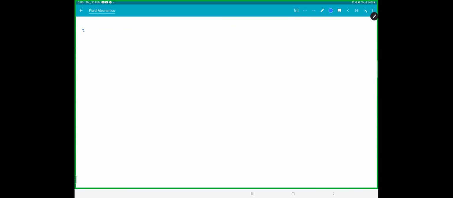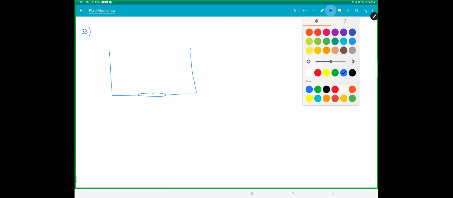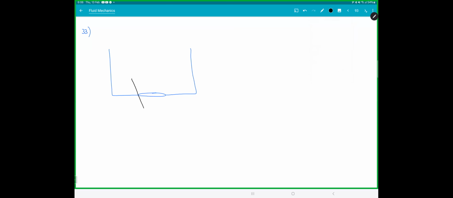Similar one. Let's say we have a hole here. We have a solid cone here, blocking the hole.